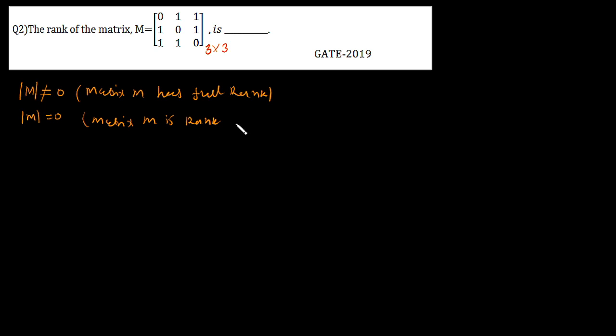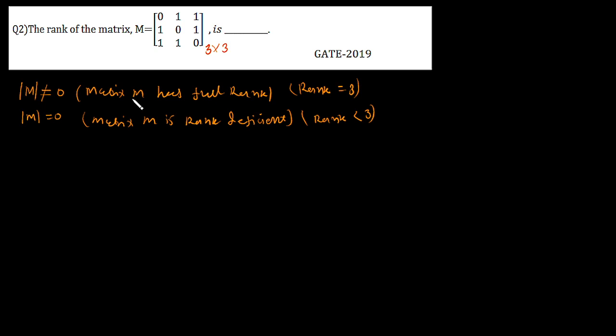The matrix M has a 3 cross 3 order, so full rank here means the matrix has rank 3, and in the second case, where the matrix is rank deficient, the rank of matrix M must be less than 3.